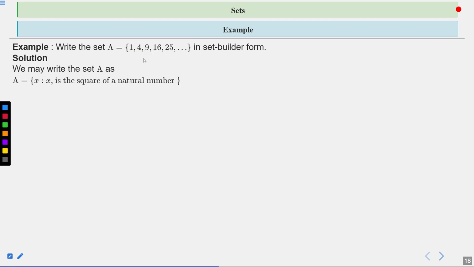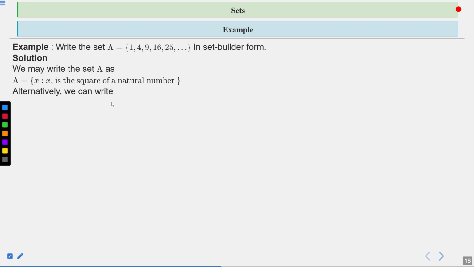So what is happening? Very simple. Collection of all x such that x is the square of a natural number. Natural numbers are 1, 2, 3, 4. If you square them, you will get this set: 1 square, 2 square, 3 square, 4 square and so on.